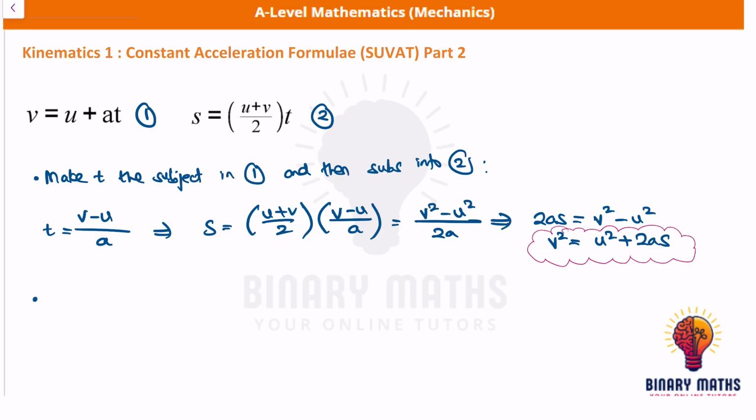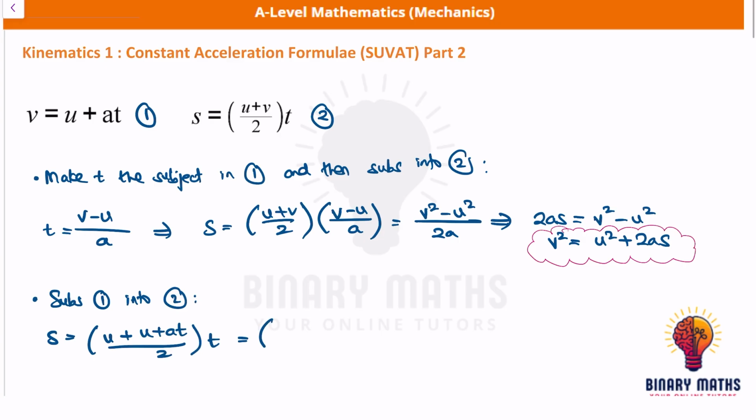Okay, for the next equation, just substitute 1 into 2. So v = u + at. Everywhere you see v in the second equation, replace it with u + at. So s = u stays the same, the v becomes u + at, all over 2 times t, which is the same thing as (2u + at) over 2 times t.